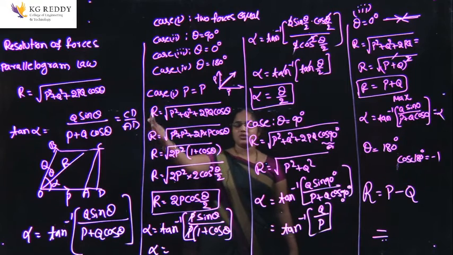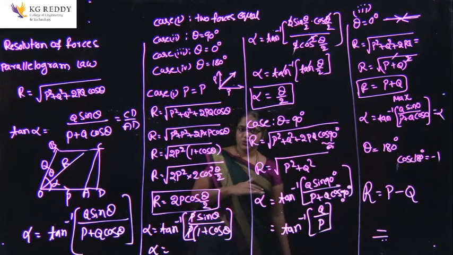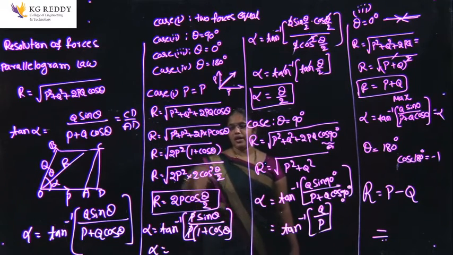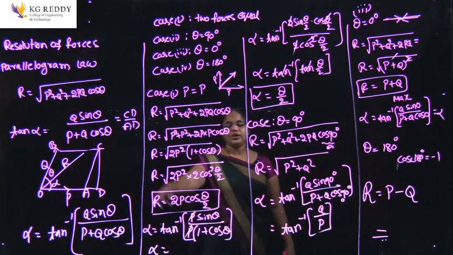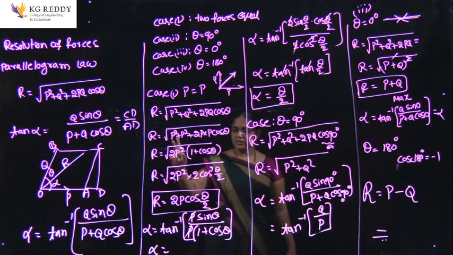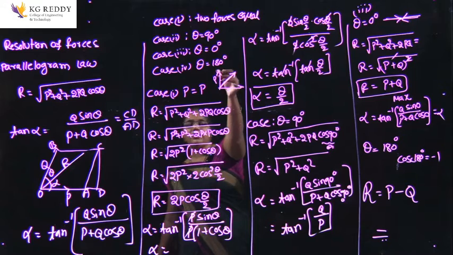Therefore, R equals under root of P square plus Q square plus 2PQ cos theta, and the resultant angle alpha is tan inverse of Q sin theta divided by P plus Q cos theta. So, whenever we derive the equations for R and alpha, that means resultant and resultant angle, at that time we can apply the different cases.